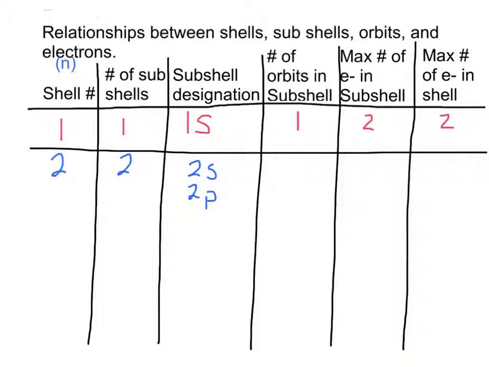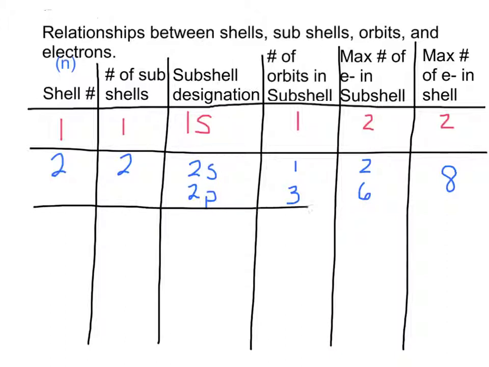The number of orbits in each subshell: the S always just has 1, and the P, remember we wrote equals 3 above, has 3. Now each orbit can hold 2 electrons, so that means there is a total of 2 electrons in the S subshell, but 2 times 3, which is 6, in the P subshell. Looking at the whole second shell, we add those two together and we get a total of 8 electrons in that shell.